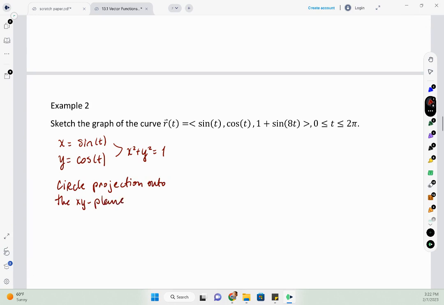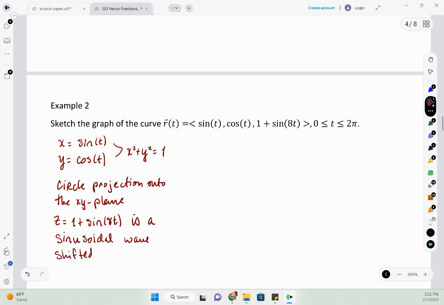Now the z equals 1 plus sine of 8t. Well, that's just going to be a sinusoidal wave, shifted up 1 unit.